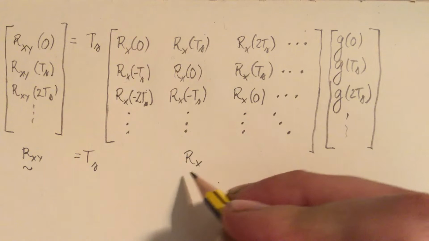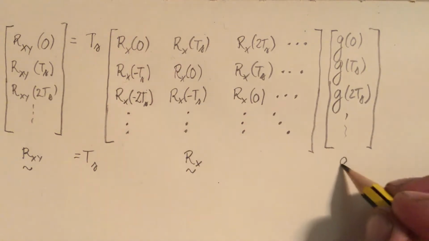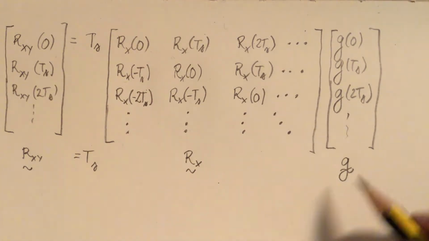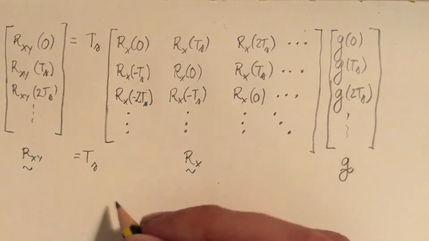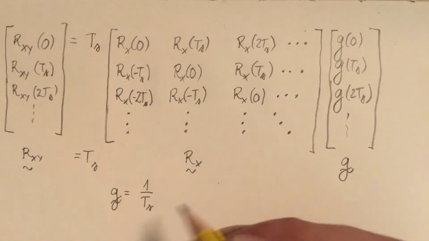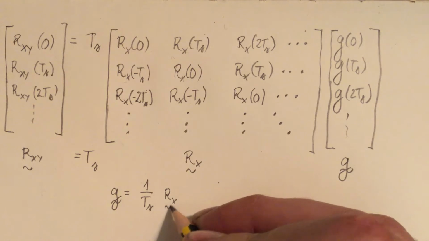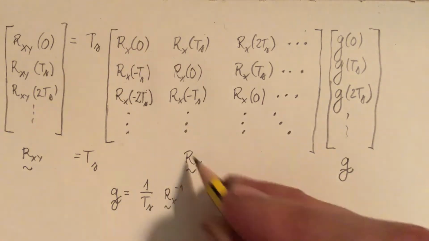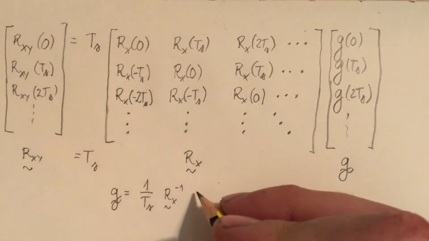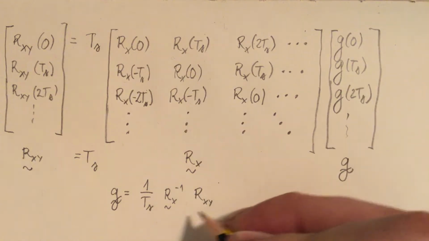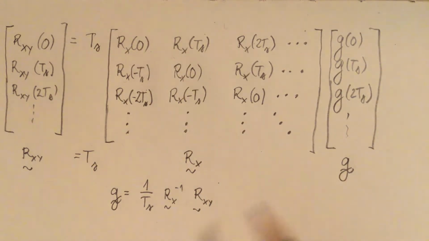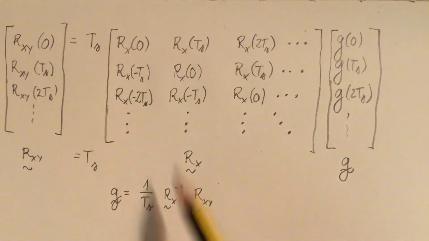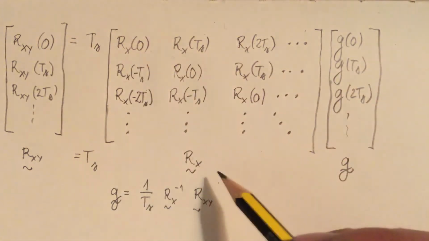Here we will have this matrix Rx, and here a vector G. We can determine G using the inverse of this matrix here, multiplying this vector here. Of course, this can only be written if this matrix is square.